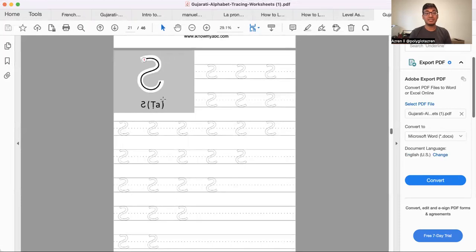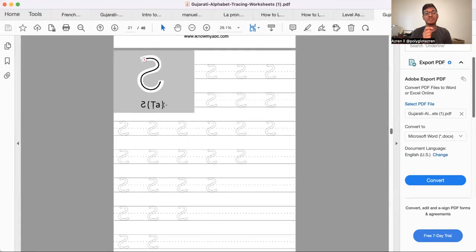Here we have da. Da is very close to a typical English T, but with no aspiration. This is da, da, da. Almost like you're saying the word star. When you say the word star or station in English, sta, that's almost identical to a Gujarati da.